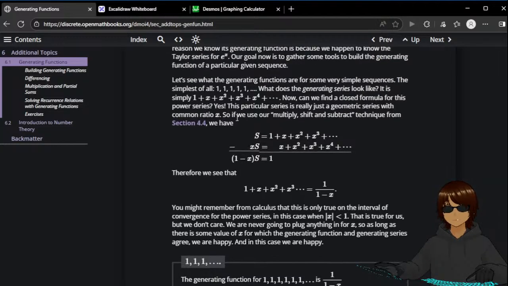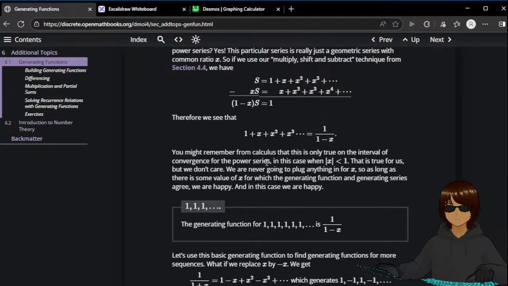Hold on a minute. Multiply, shift, subtract. This only works if x is below 1, right? If x is 1 or no, wait. This doesn't make sense. If x is a positive number, so 1 plus 2 plus 4 plus 8 is what?